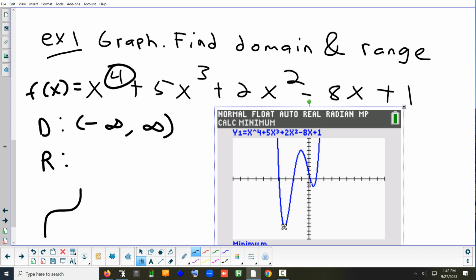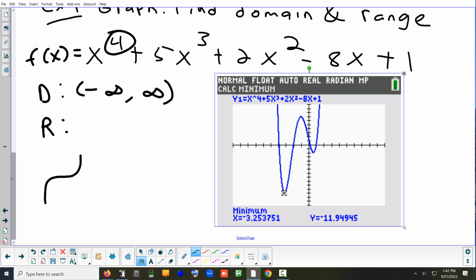So the lowest that this graph goes is negative 11.95, and it will reach that. So you can put a bracket on it. What's the highest that it goes? Yeah. Infinity, does it reach it? Any question on finding the range of that polynomial?